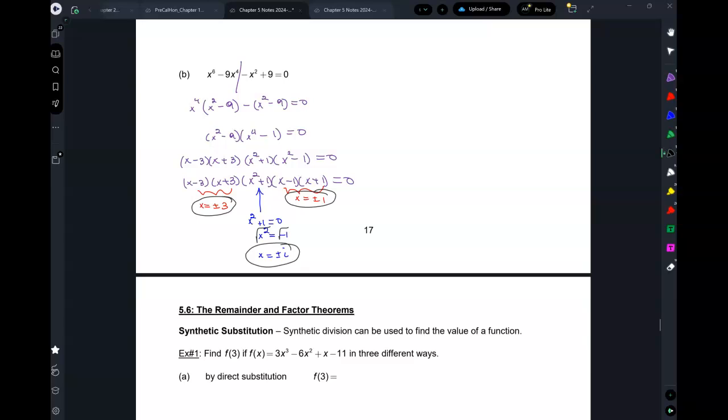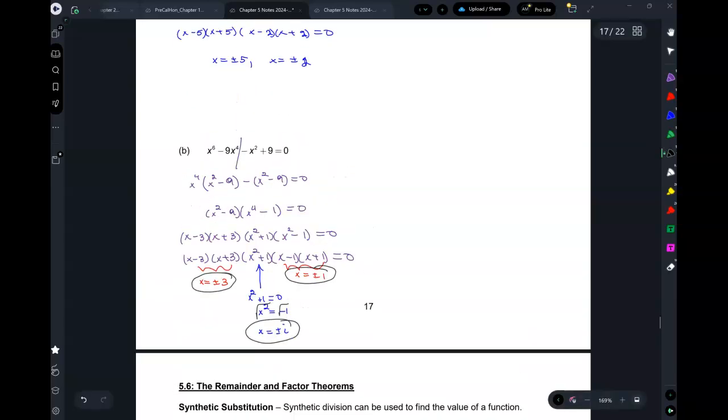Hang on. Let's see what this looks like here. I have zeros at negative 1, negative 3, 1, 3. What's the end behavior for this? What's the leading term? It's x to the 6. It's even and it's positive. So do both ends go up or down?